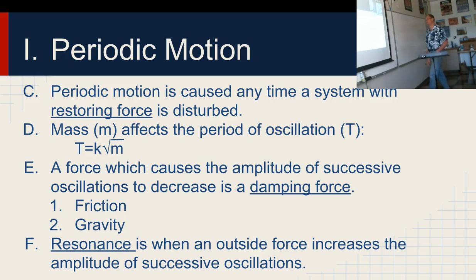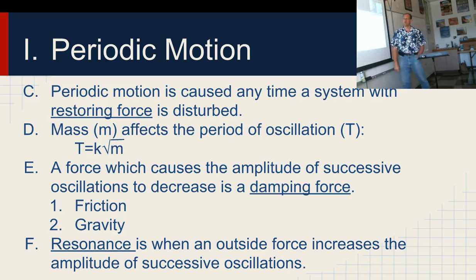So let's do a little bit of math. We love math. Math is good. Math tells us that the mass of the object in periodic motion affects the period T, okay? And so T is equal to some spring constant, some restoring force, and we'll worry about what that is later, times the square root of the mass.